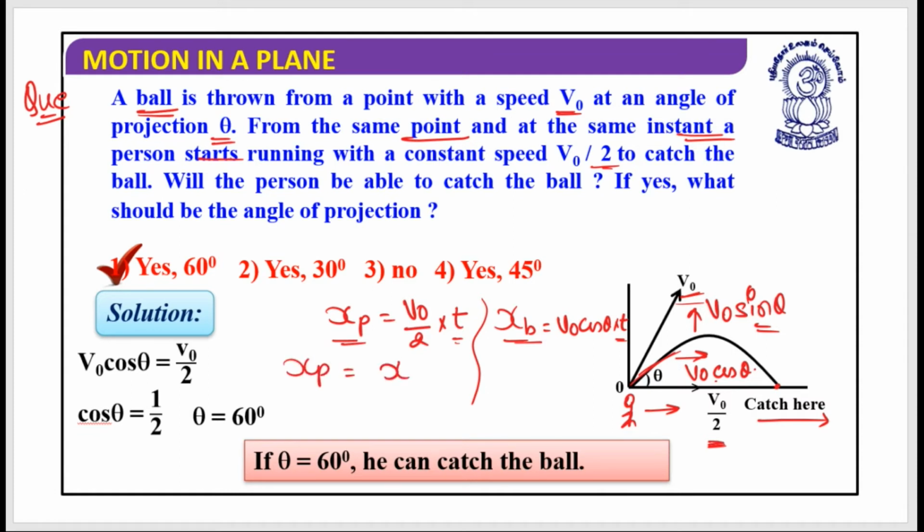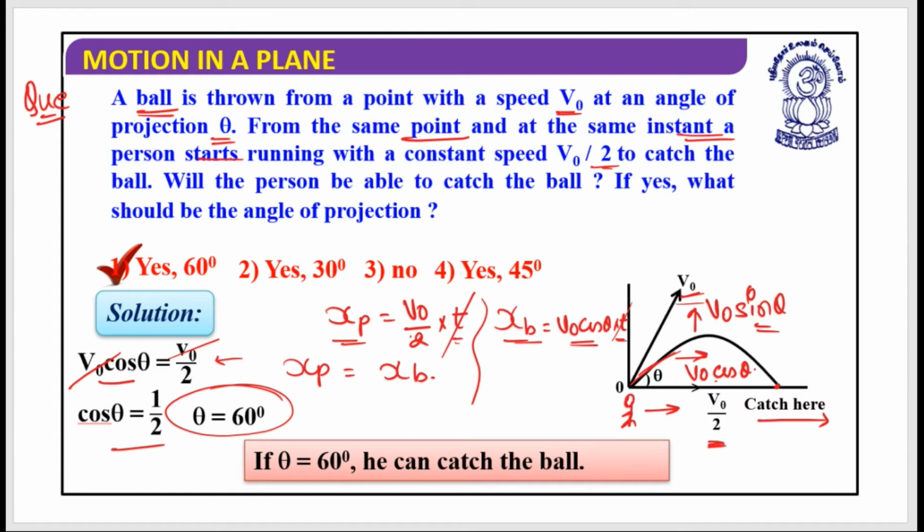xp is equal to xb. If I equate this, t has gone, and I am left with v0 cos theta equal to v0 by 2. This v0 has gone. That means cos theta is equal to half, so theta is equal to 60 degrees.